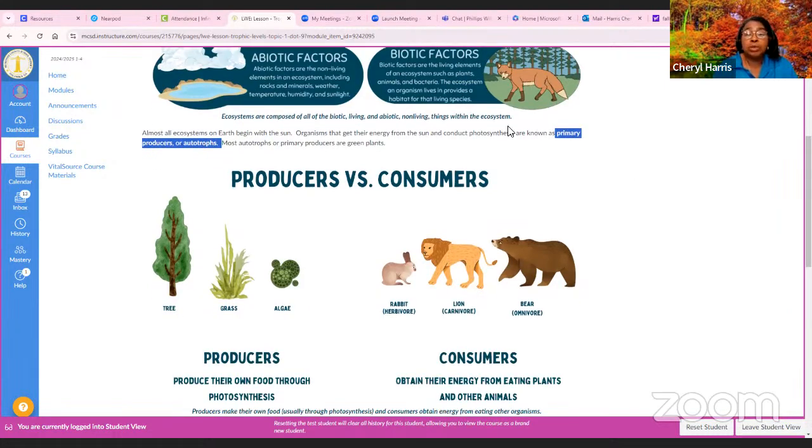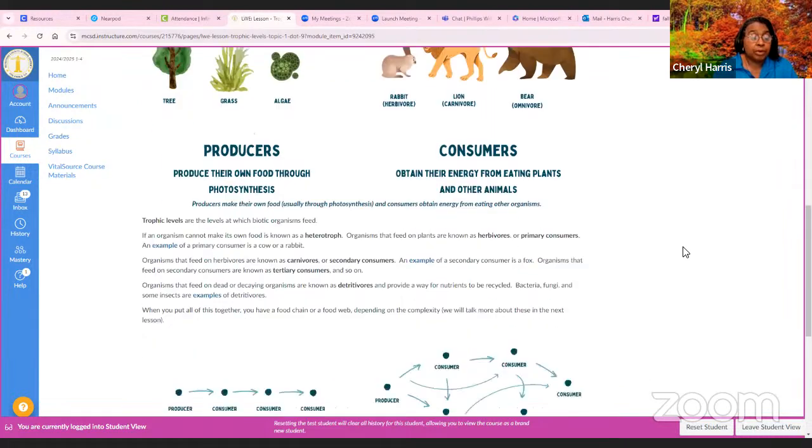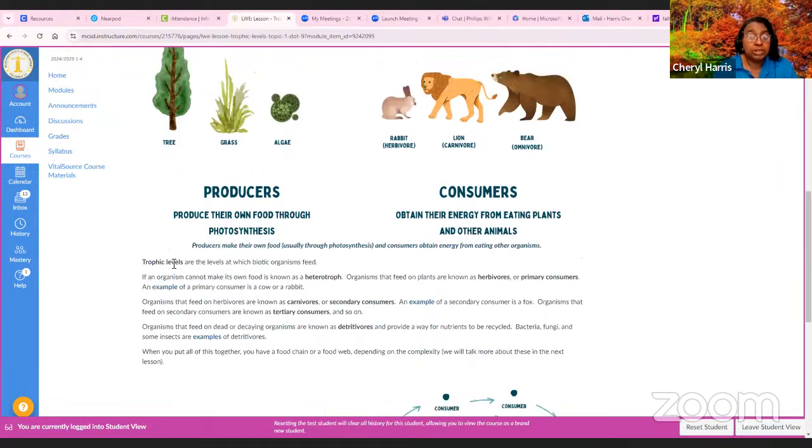And our autotrophs are always, always, always our green plants. The other words that we need to look at are trophic levels. The pyramid that I showed you earlier represents the trophic levels. Trophic again means feeding. What feeding levels do we have?